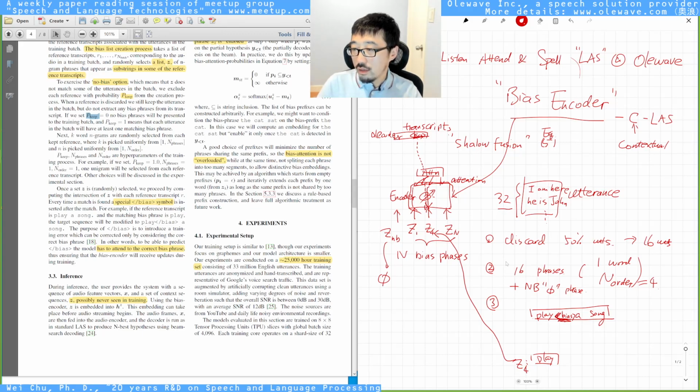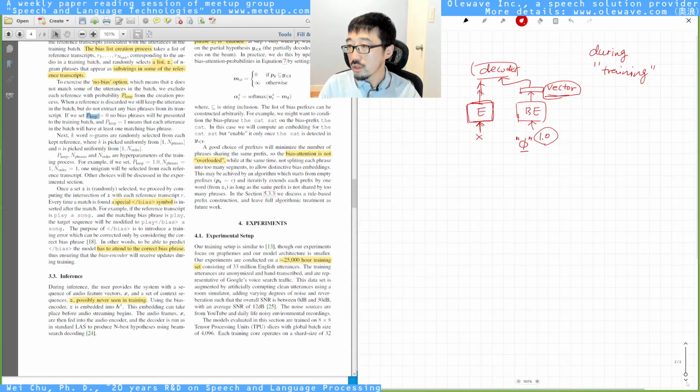They intentionally set half of the batch to use the non-bias or the empty bias phrases as input to the bias encoder. So that means, in other words, the author forces the model to learn the case when the bias encoder is being fed with the empty phrase.